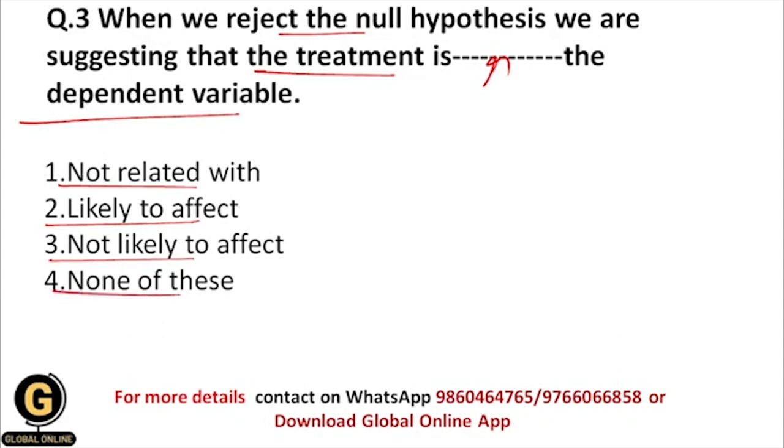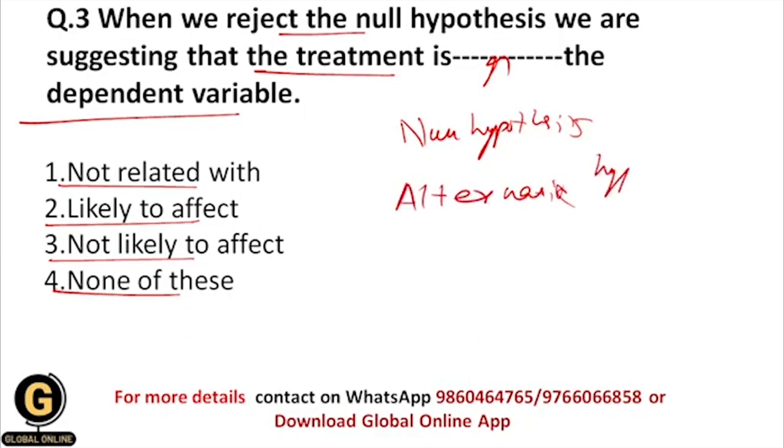So basically students, there are two basic types of hypothesis in the whole research process, and those are the null hypothesis, which I have defined earlier in this video, and the other one is the alternative hypothesis, which is also called the research hypothesis.